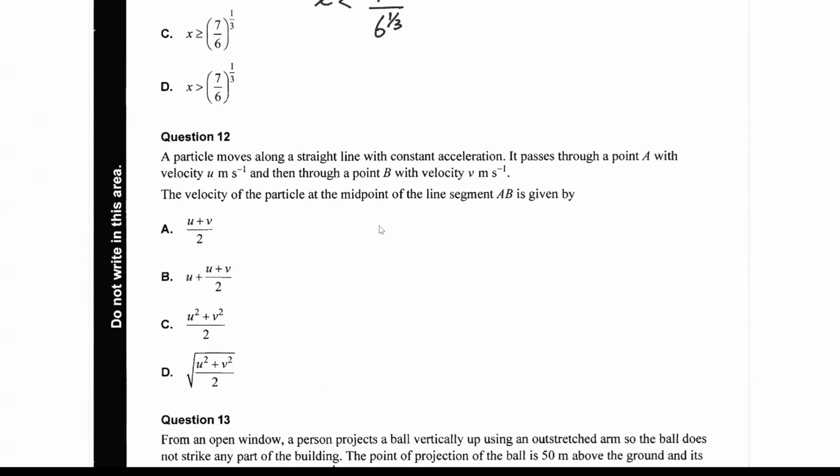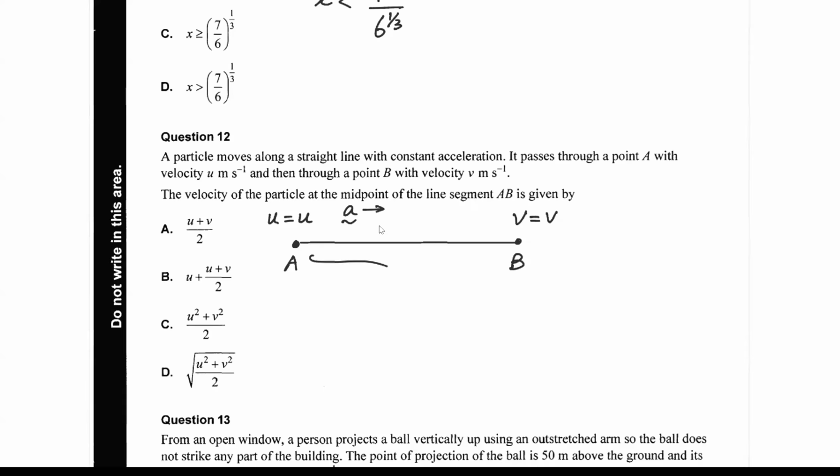Question 12. A particle moves along a straight line with constant acceleration. It passes through the point A with velocity u, and it then goes through the point B with velocity v. So this is A, this is B. Acceleration is in the other direction, u equals u, v equals v.